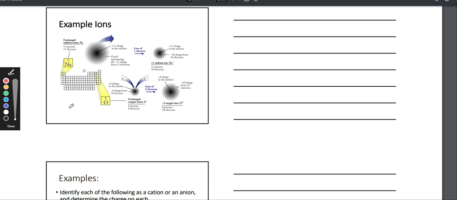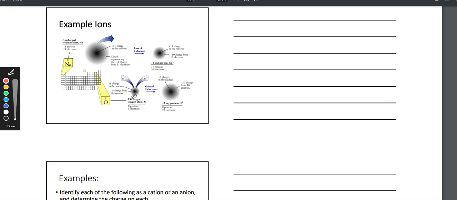We will explain in a couple of chapters why certain elements always form cations while others form anions. But at this point, know that sodium always loses an electron, never gains one. Oxygen, on the other hand, always gains electrons, rarely losing any.